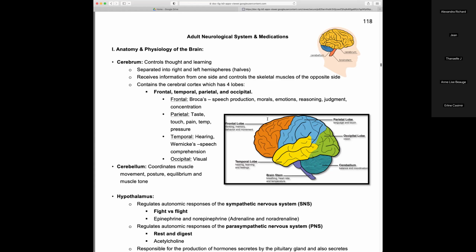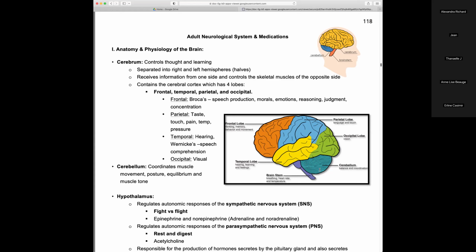Okay, cerebrum. The cerebrum is made up of 4 lobes. The frontal lobe, parietal lobe, temporal lobe, and occipital. So the cerebrum is these 4 lobes. The orange, the blue, the green, and the yellow is called the cerebrum.